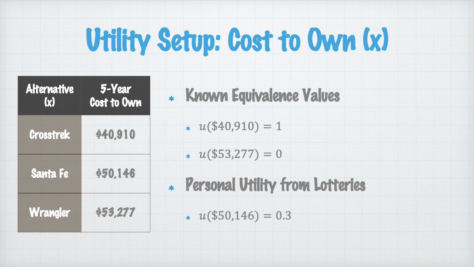The known equivalence values will be a utility of 1 for the most desirable cost, which would be the least cost, around $40,000 for the Crosstrek, and the utility of 0 will go towards the most expensive and least desirable attribute, which will be for the Wrangler at just over $53,000. Through the use of lotteries, we were able to identify a personal utility of approximately 0.3 for the Santa Fe at around $50,000.